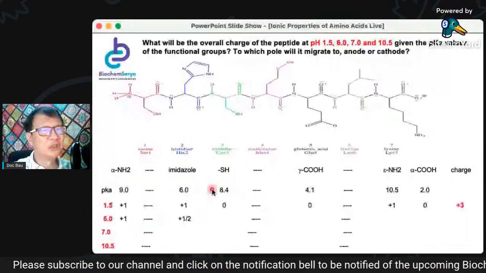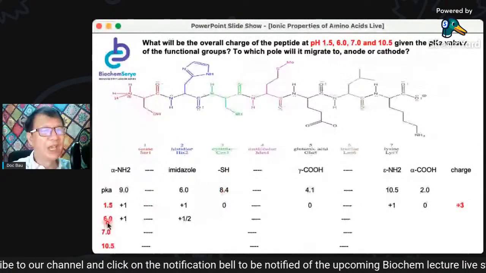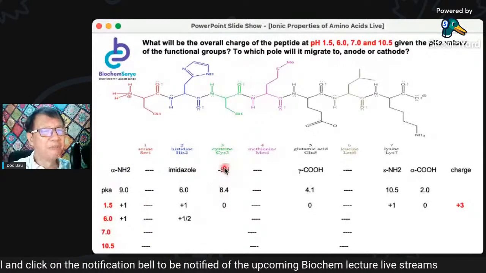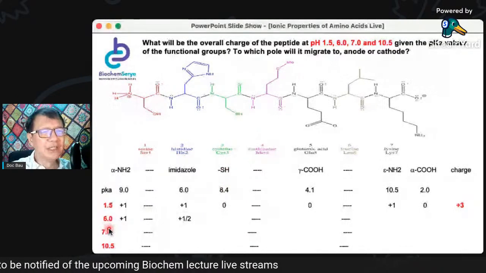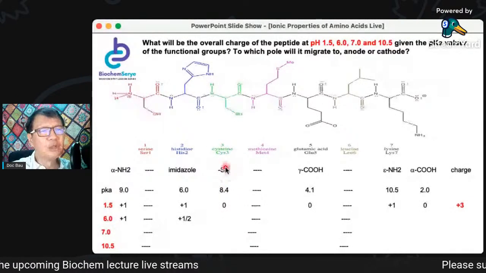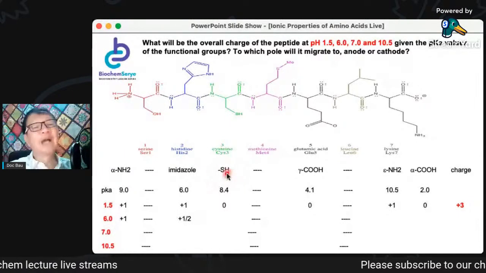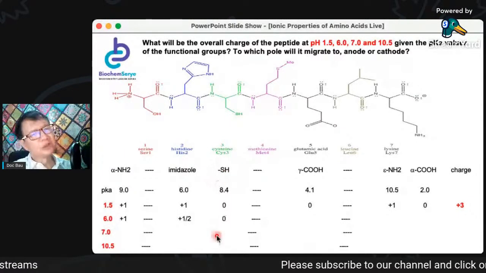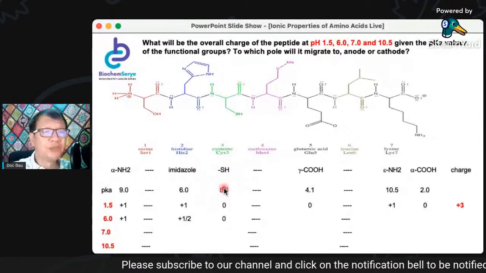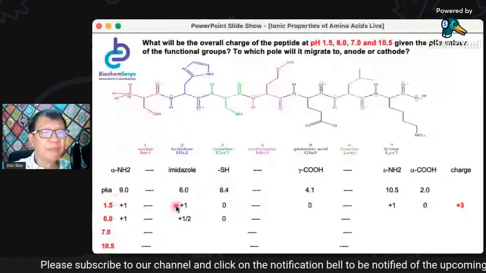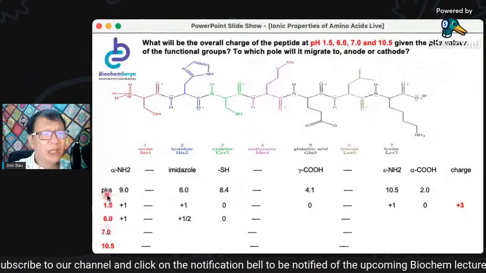The sulfhydryl group pKa is 8.4 and the pH is 6. So relatively, what can we say? This is still high, 8.4, and this is 6, right? So your sulfhydryl group will still be undissociated or protonated. Now you always compare the pH to the pKa.